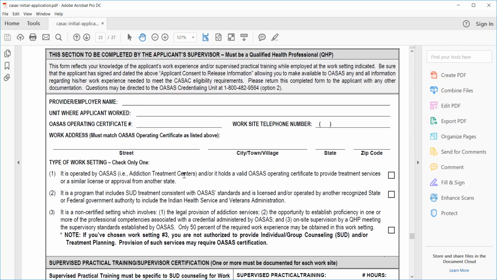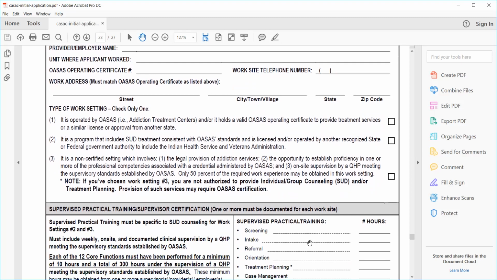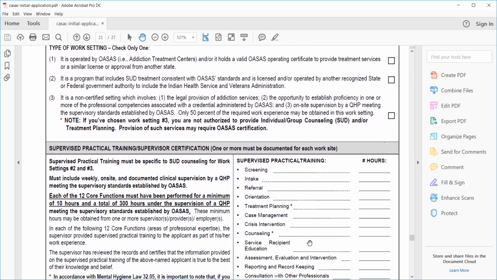I believe everybody is working at an OASAS licensed facility. So it would be right there. Check that first one. But again, make sure you check with your supervisor to ask which type of work setting this is. Sometimes we have people who are in a drug court, or we're getting people into some of these recovery community centers. Those would be a little bit different.